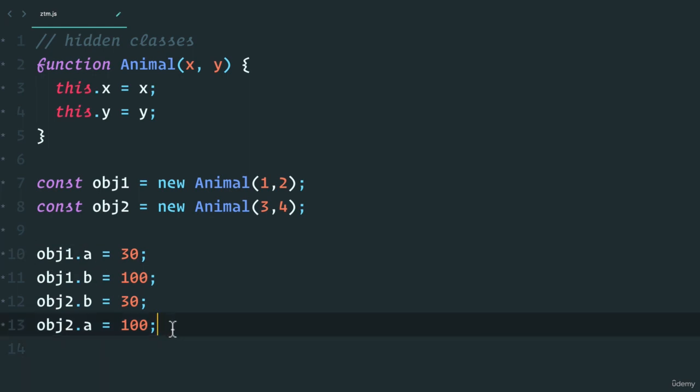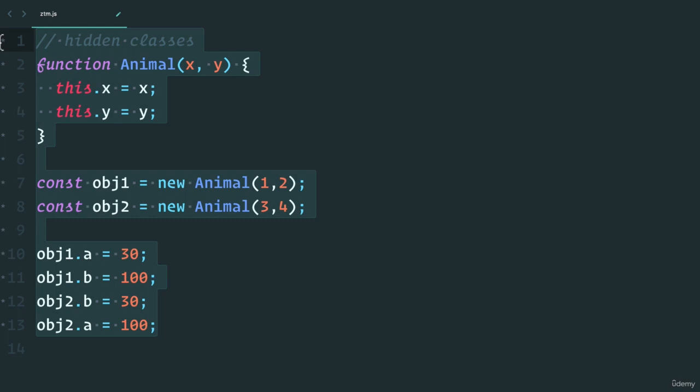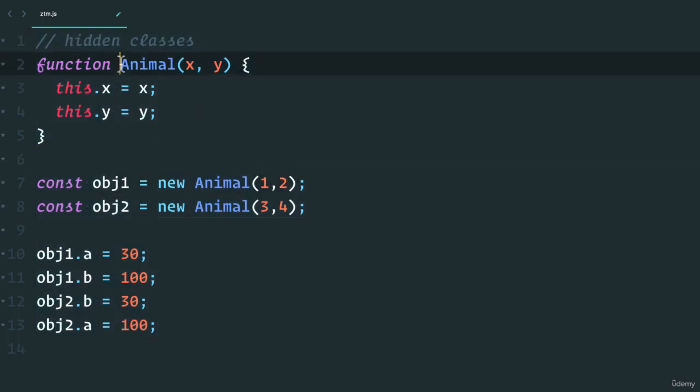That code is actually going to make the compiler run slower or de-optimize the code. And that is something called hidden classes. You want to try and instantiate your object properties in the same order so that hidden classes, which is what the compiler uses underneath the hood to say, oh, this animal class, this object 1 and object 2 have the same hidden class.